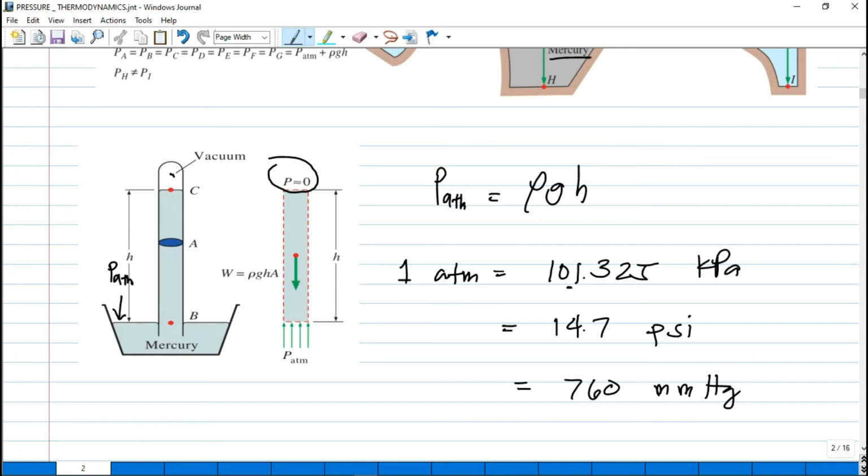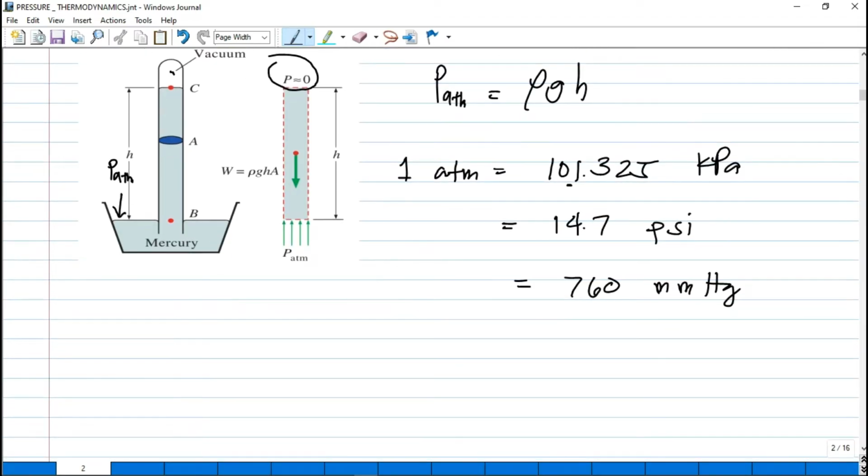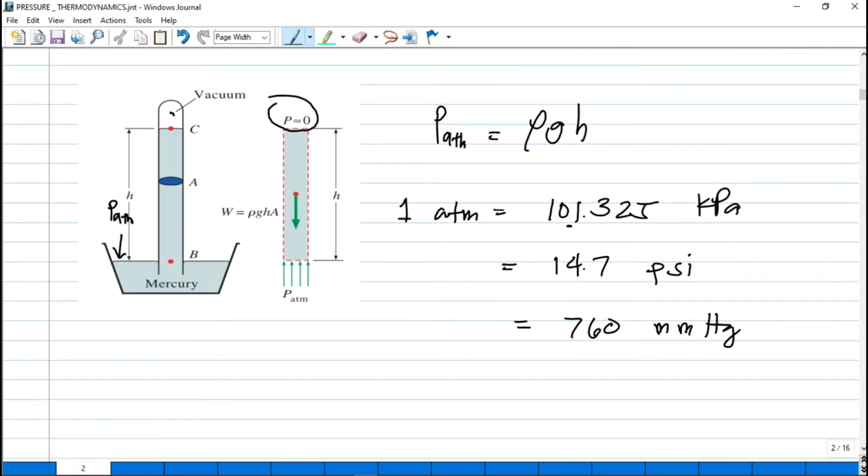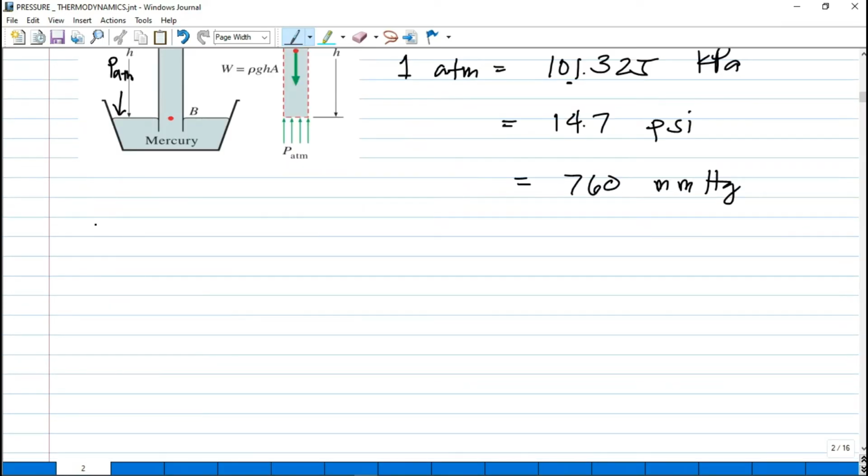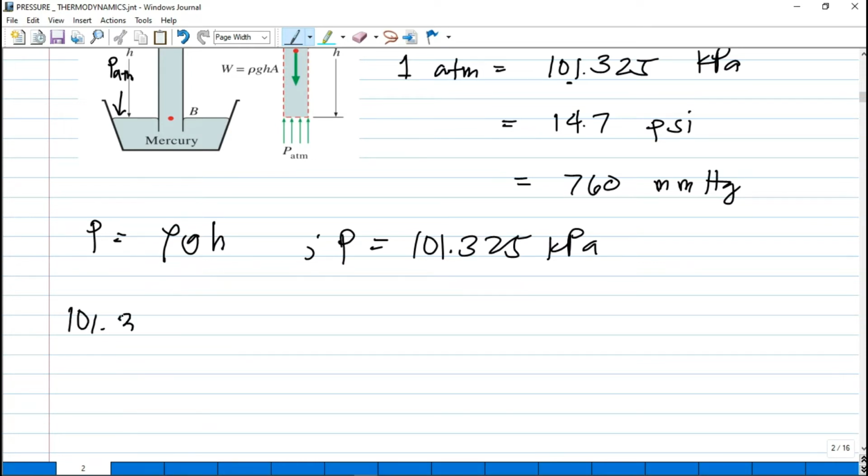So how did you get the 760? Using this, atmospheric pressure is equal to density times g times h. If the pressure is 101.325 kilopascals, that is normal atmospheric pressure, let's use this concept. So 101.325 kilopascals equals the density of mercury.